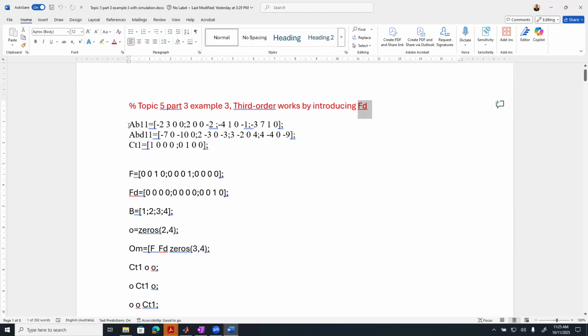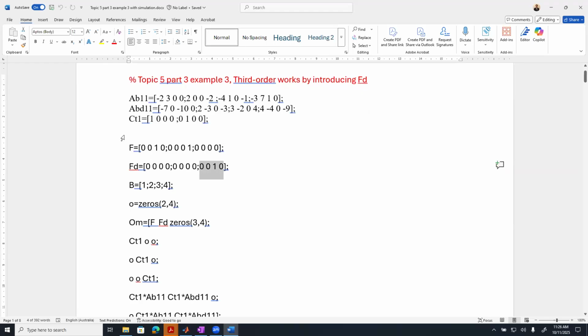So we have the matrices A, B, C tilde, and this is the original F matrix. But now it's going to be a 3 by 4, and the last row there is all 0. The FD that we add in is simply that extra row, which picks up the extra delay variable x bar 1 3 t minus tau. There you see. So our F and FD are basically that.